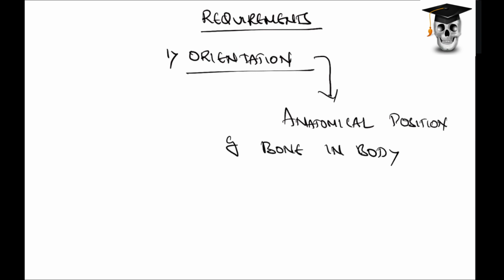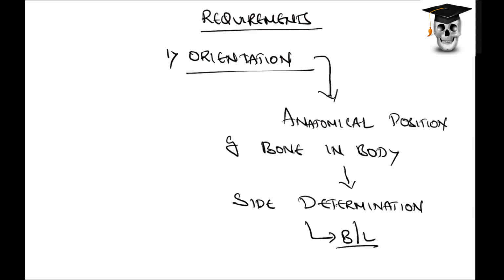Once we have the anatomical position, we will be able to decide the side. This is very important: side determination of the bone. Usually side determination is required in osteology only when the bone is bilateral, that is, present on both the right and left sides. Then we need to know whether the bone belongs to the right or the left side.